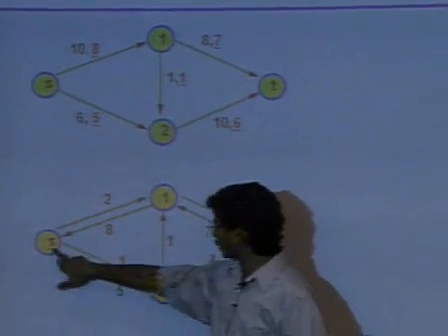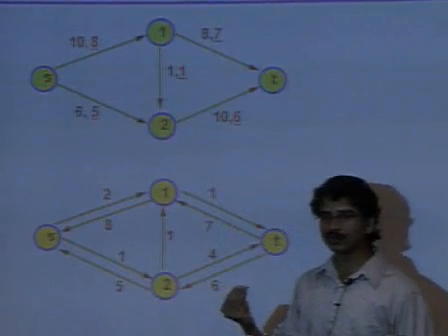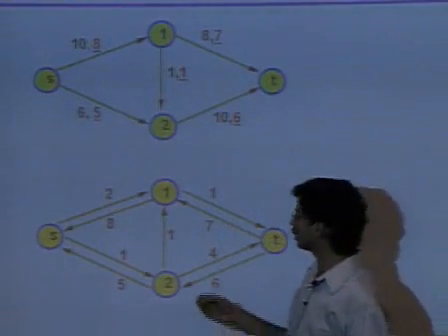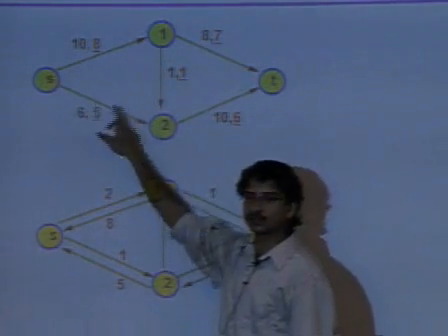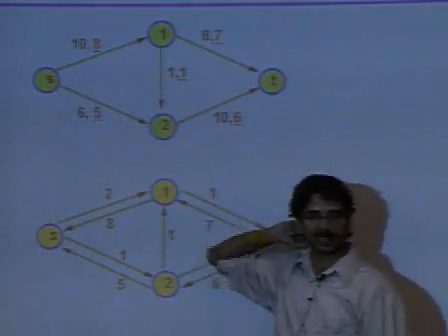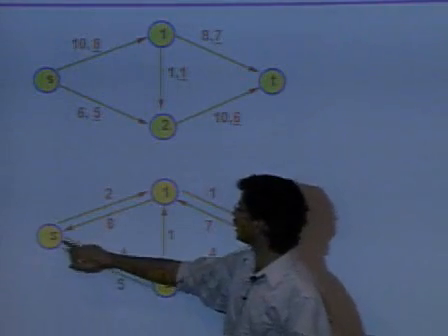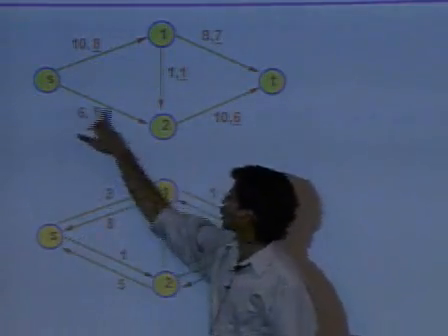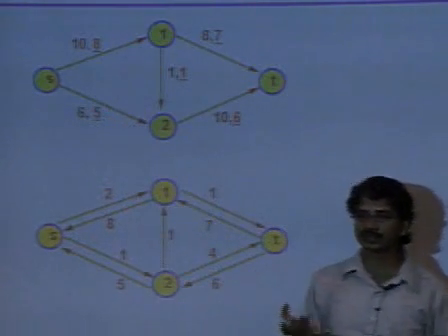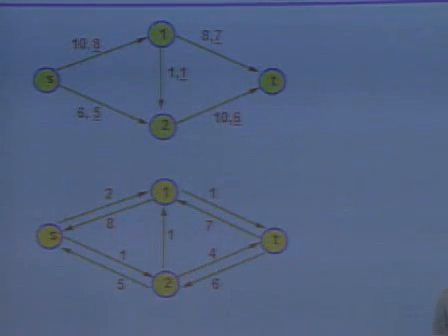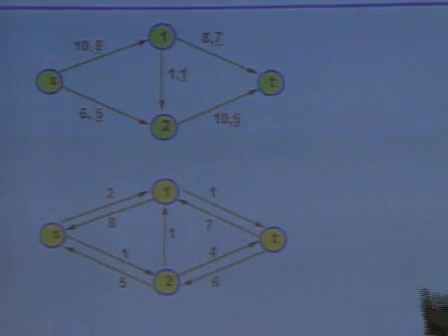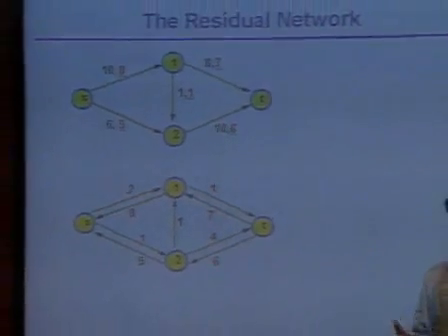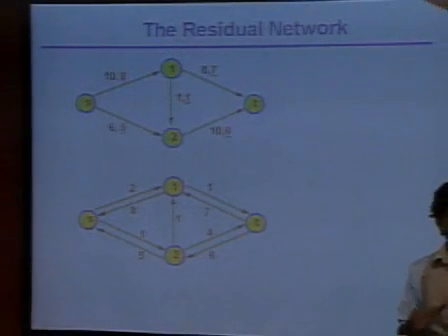Now, this represents the opportunity that you have of decreasing the flow along the arc S2. And this says I could decrease the flow along this arc by up to 5 units, and I still would be okay. If I decrease it any further, of course, I'd be infeasible because I'd be violating the lower bound constraints.